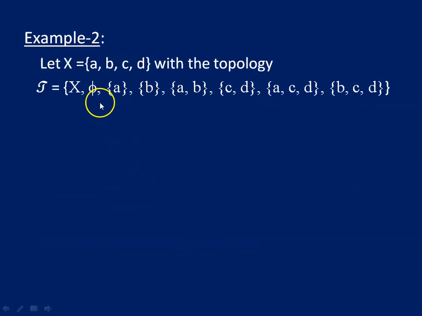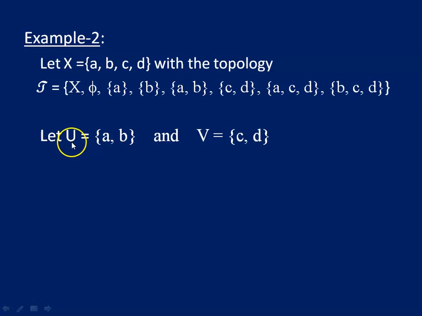Take one more example. Let X be equal to {A, B, C, D} with the topology tau, which contains X, empty set, {A}, {B}, {A, B}, {C, D}, {A, C, D}, and {B, C, D}. Now let us check whether this topological space is connected or not.